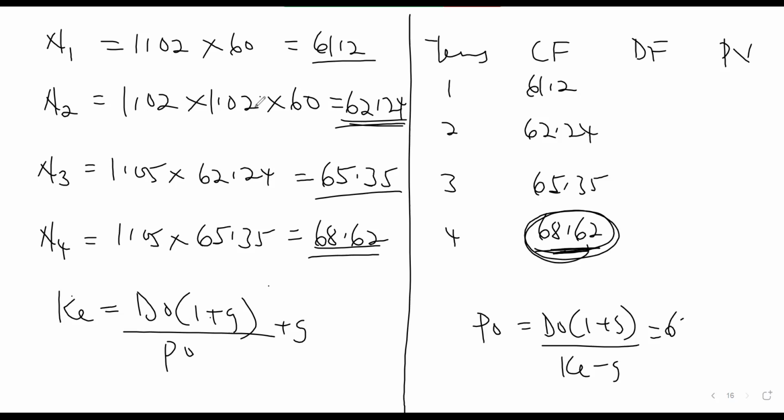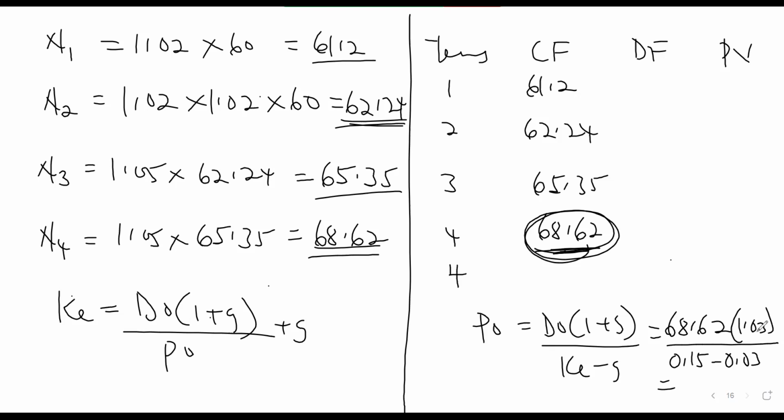So you have the 68.62 that will grow at 1.03. Then if the cost of equity is 15%, you have 0.15 minus 0.03. The value that you'll be getting is at the end of the 4th year. So you bring the total value over here.